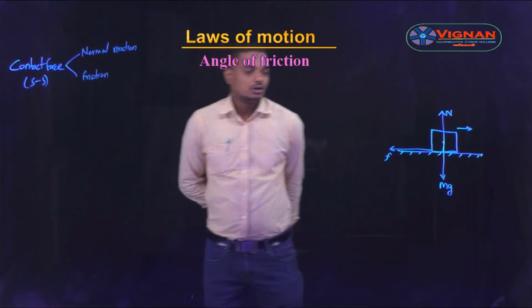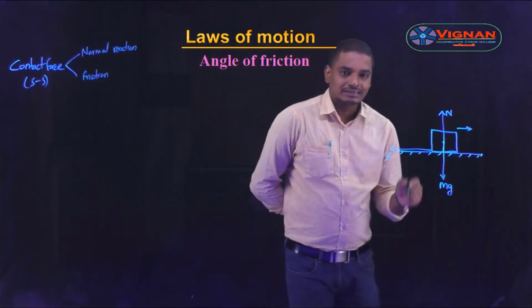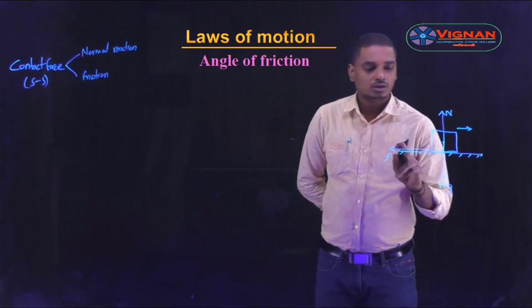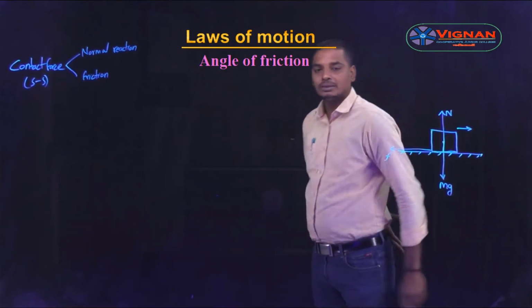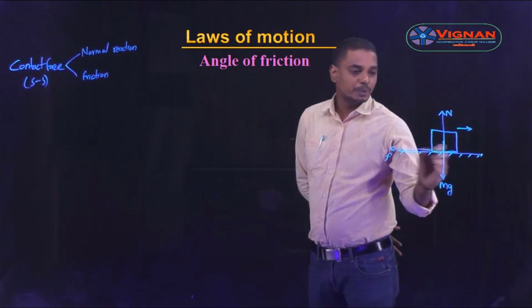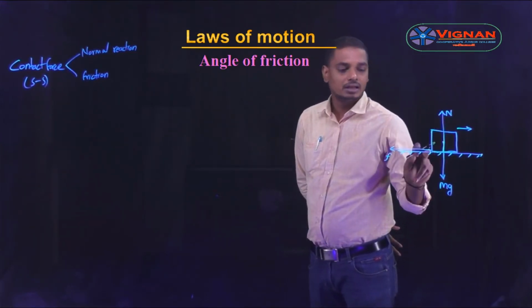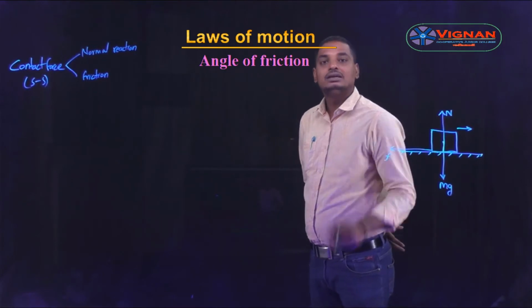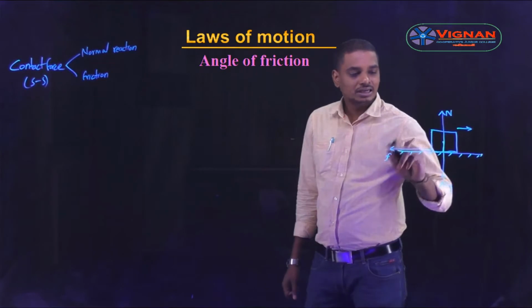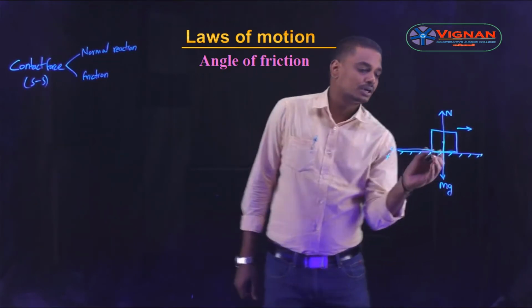The resultant of the two forces is nothing but the contact force. Normal reaction is always perpendicular to the surface of contact and frictional force is always tangential to the surface of contact. So the resultant of these two forces is in this manner.